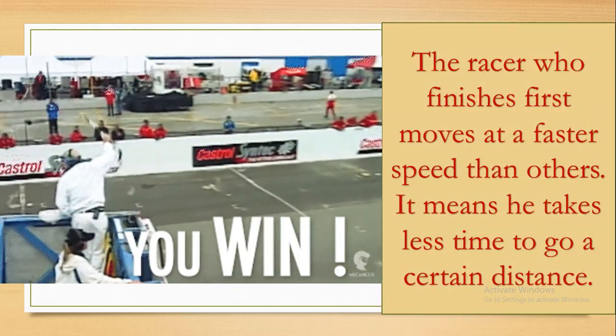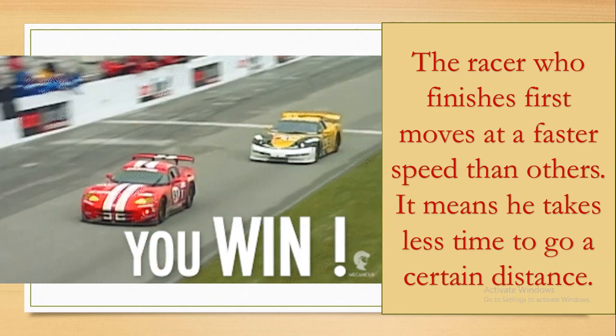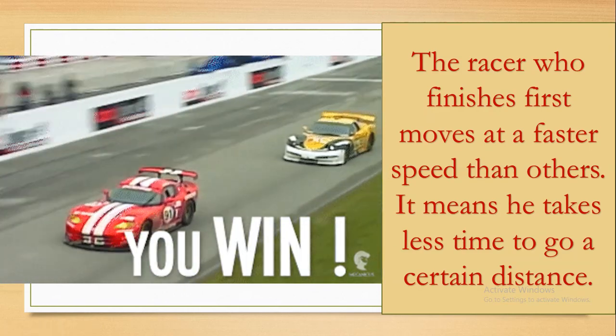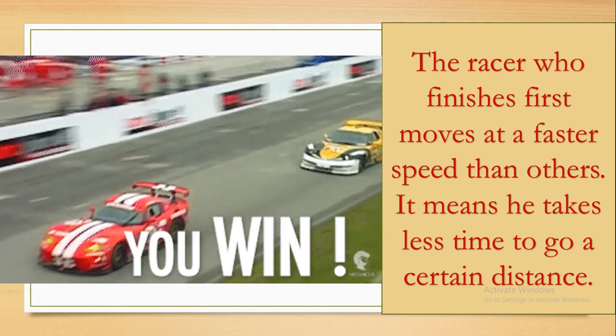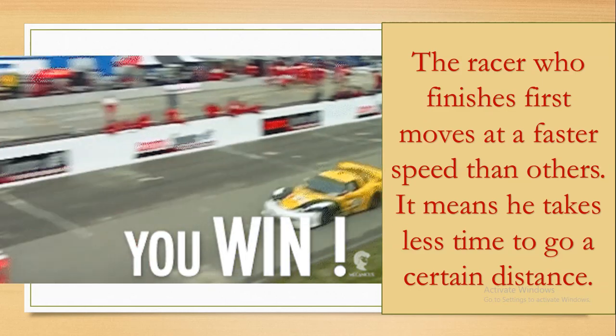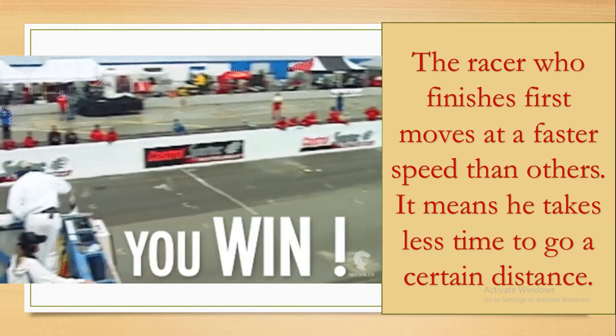It means it takes less time to go a certain distance. Now, if you know the distance, if you know the time, you can easily calculate the speed. And this is something that you're going to learn later.